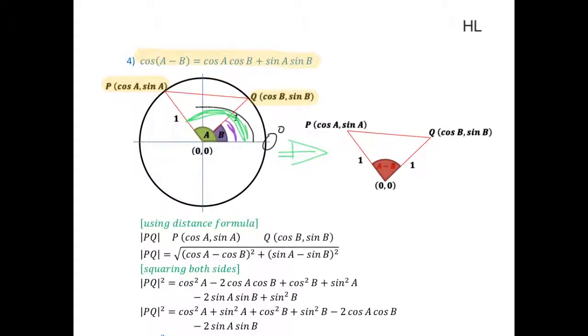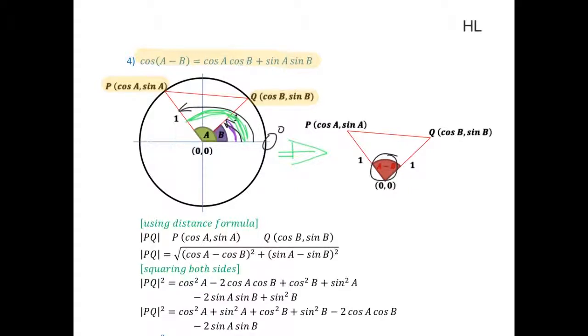So both angles are measured from this point, which means to get the angle in between the two, we're going to need to subtract B from A, which is why this angle here is A minus B.